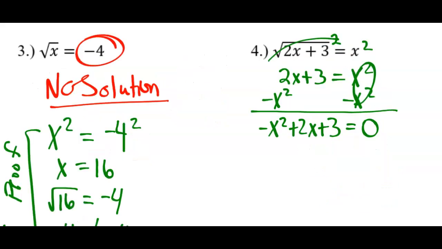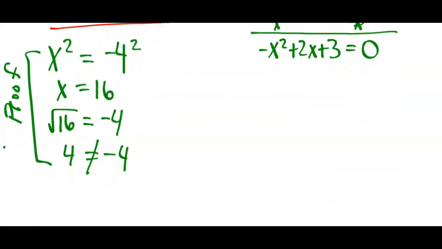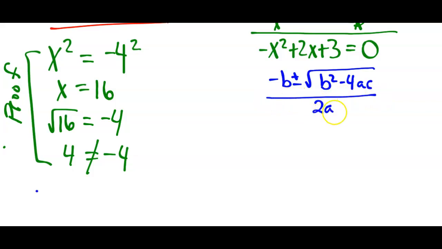All right, let's go back to number 4. So number 4, we were at the point where we needed to do the quadratic formula. Remember, the quadratic formula is the opposite of b plus or minus the square root of b squared minus 4ac all over 2a. What's my a, b, and c? Well, my a is negative 1. My b is 2. My c is 3.